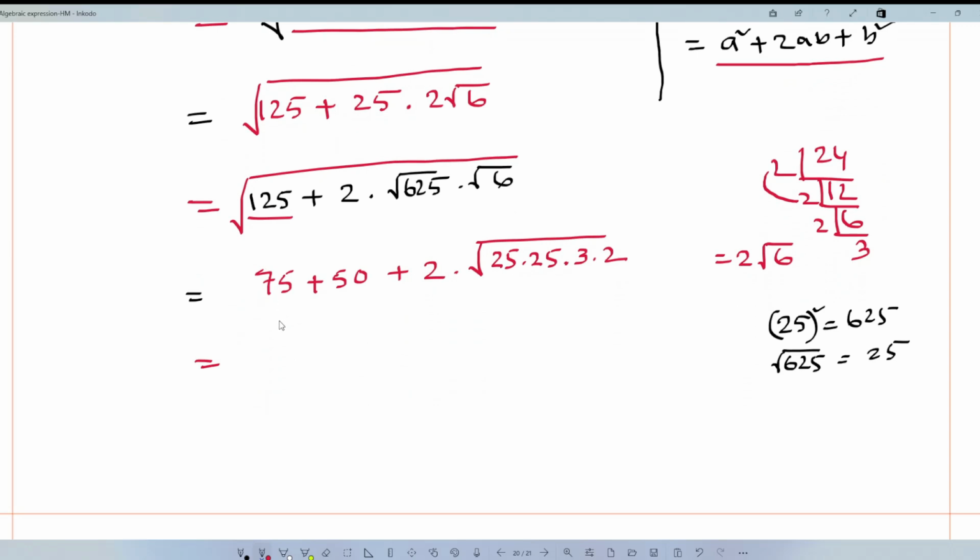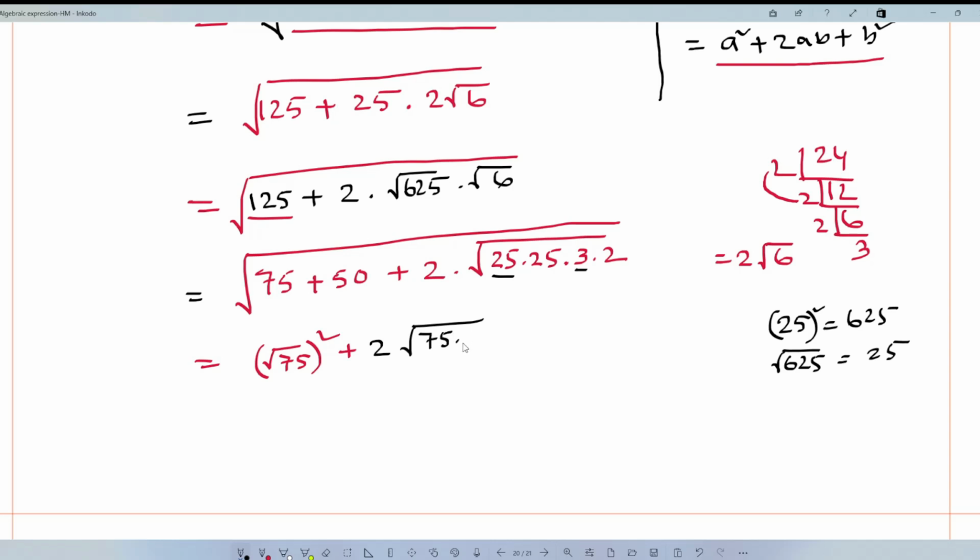Now look, this 75 we can write as root 75 square plus, look, 25 times 3, it means this is 2, and here 75 times 25 times 2 means 50. So look, 2 root 75 times root 50, plus this 50 we can write as root 50 square, all under a root.